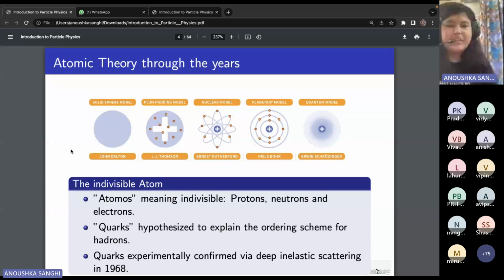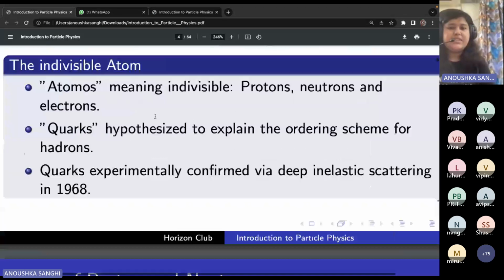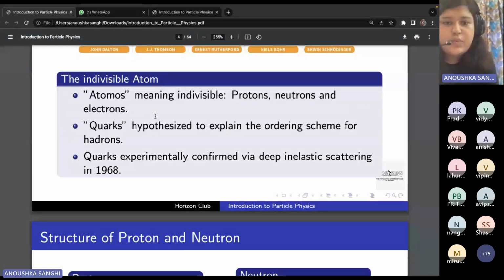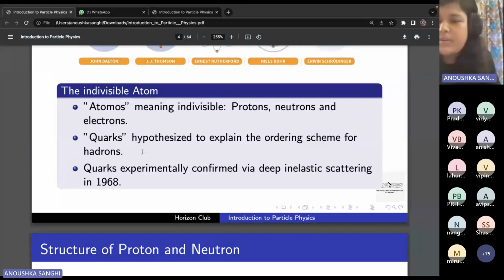Just like I have explained in this slide, it's given what the meaning of atomos is. The main things that we knew about were three fundamental particles: electrons, protons, and neutrons. But scientists did various experiments.